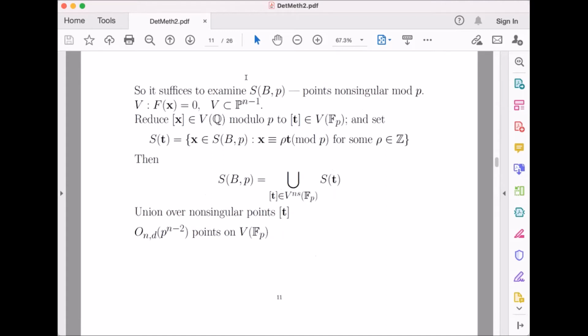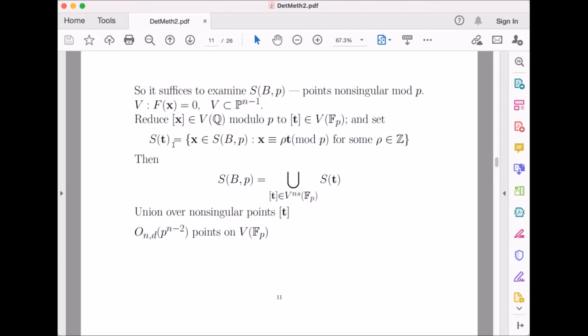Okay, so it's enough to examine S_B,P, the points that are non-singular mod p. Now let's name the variety f equals naught. We'll call that V in projective n-1 space. And what we're going to do is think about the reduction of a point x modulo p. So we'll suppose it reduces to a point t in the F_p version of the variety.